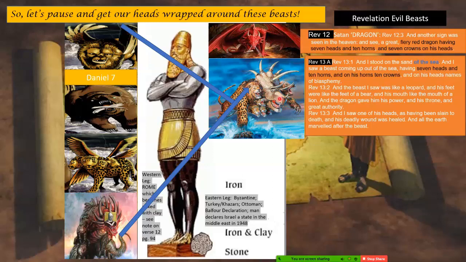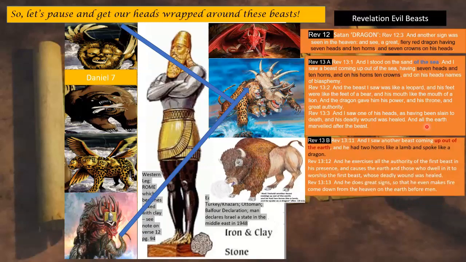The bear, the dreadful beast, the leopard's 4 heads. So that's 1, 2, 3, 4, 5, 6, and the lion's 7. And also it's recorded, and I saw one of his heads as having been slain to death, and his deadly wound was healed, and all the earth marveled after the beast. So that's another beast of Revelation.